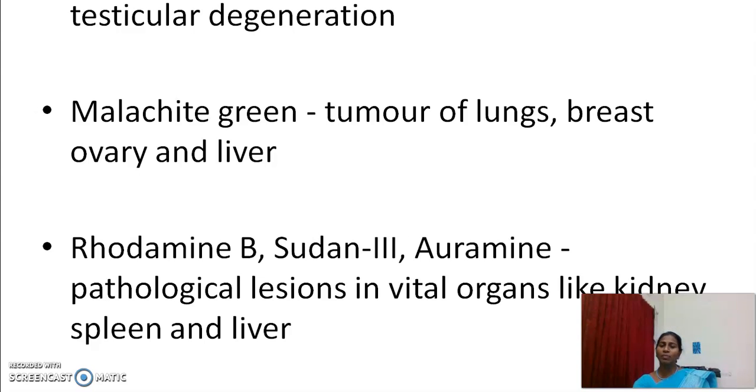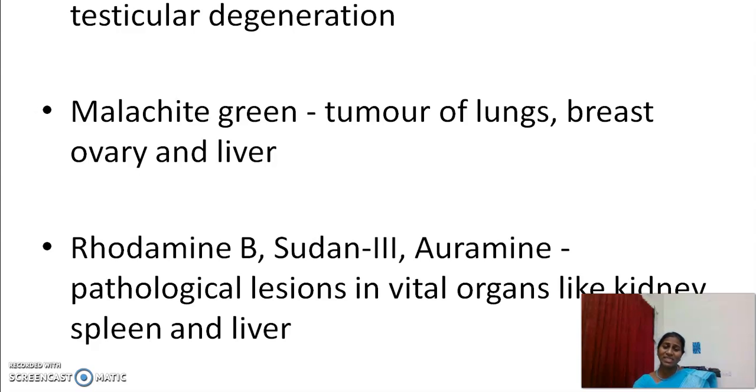So when non-permitted colors are added, they really create adverse health effects. To understand a few adverse health effects of non-permitted colors when added to food, it is commonly methanol yellow color that is added, and if methanol yellow is added to food, it really creates cancer, stomachache, and testicular degeneration.